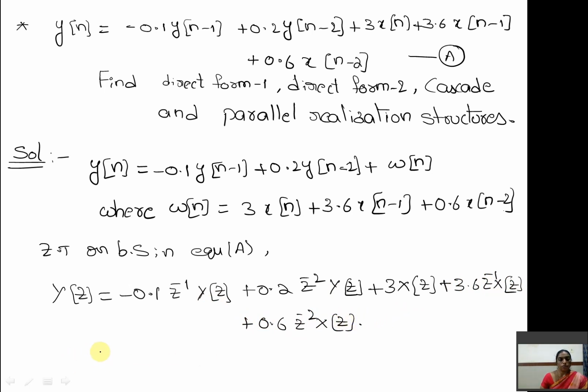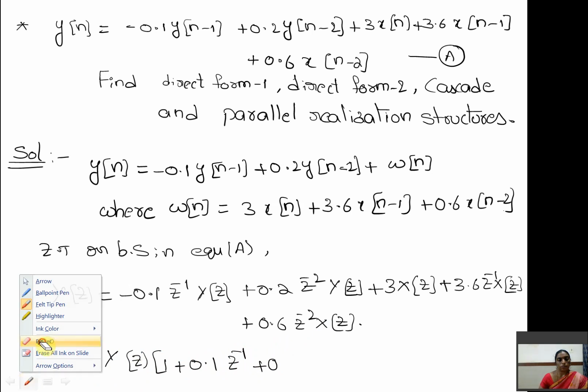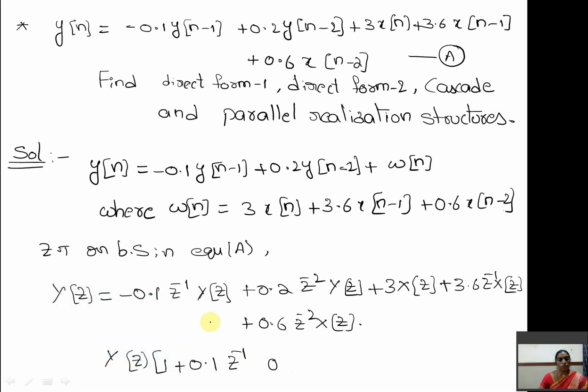So now from this, if we take y of z common, then you can get it like this: y of z times (1 plus 0.1 z inverse minus 0.2 z power minus 2) equals x of z times (3 plus 3.6 z inverse plus 0.6 z power minus 2).